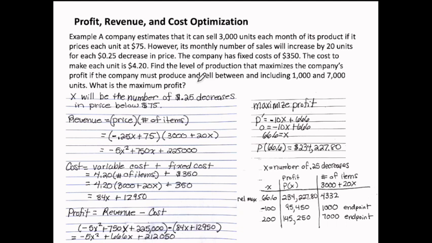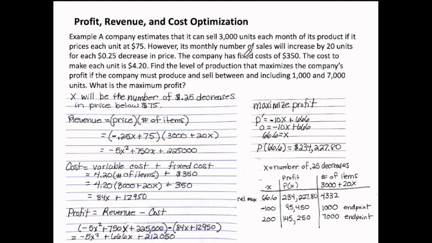So I'm going to read it through once, and then we'll go back and pick out the information that we need for each part. A company estimates that it can sell 3,000 units each month of its product if it prices each unit at $75. However, its monthly number of sales will increase by 20 units for every 0.25 decrease in price.